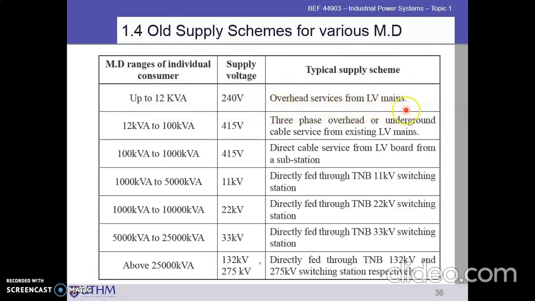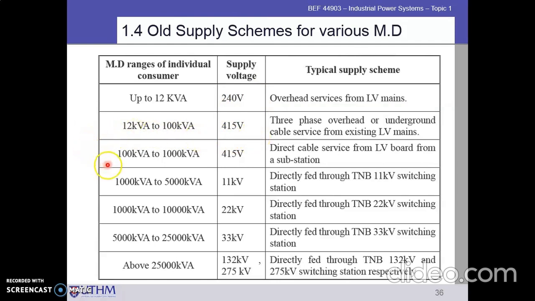As we can see, residential always uses overhead cable. Then for load 12 kVA to 100 kVA, the supply voltage is 3-phase 415, and the typical supply scheme is 3-phase overhead or underground cable.